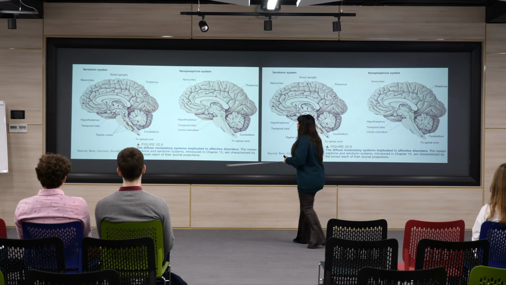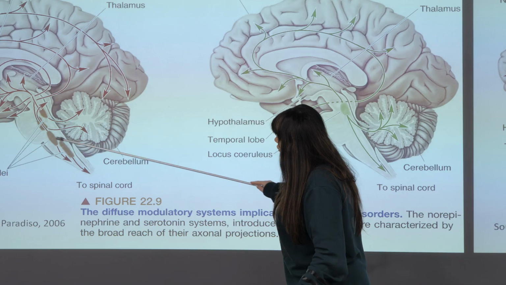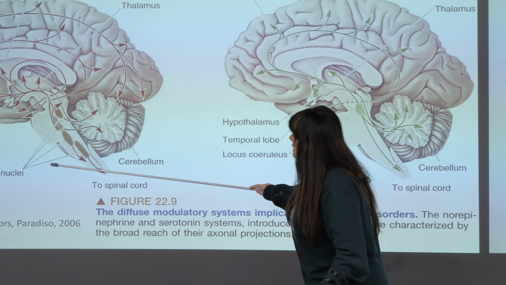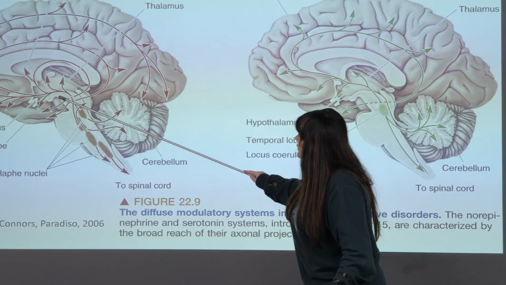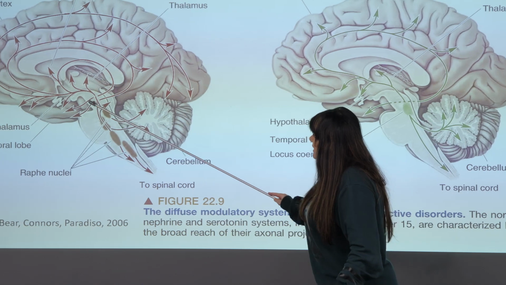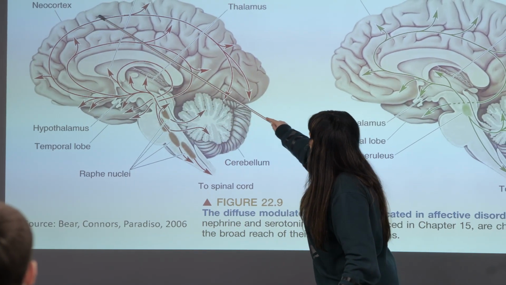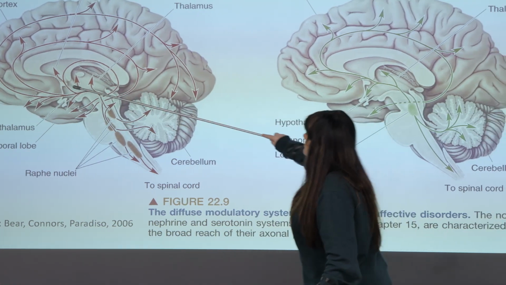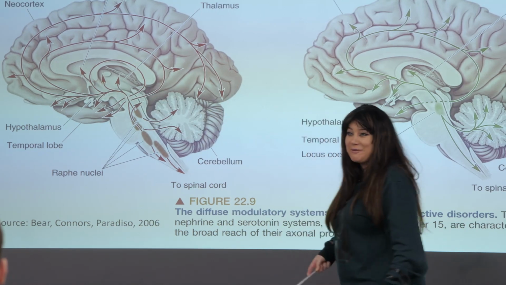Then we learned these diffuse modulatory systems. If you look at the serotonin system, here you see in the brain stem, in the midbrain, these nuclei from which all these serotonergic neurons originate, and then they innervate, for example, the neocortex, cingulate cortex, hypothalamus, thalamus, everywhere.